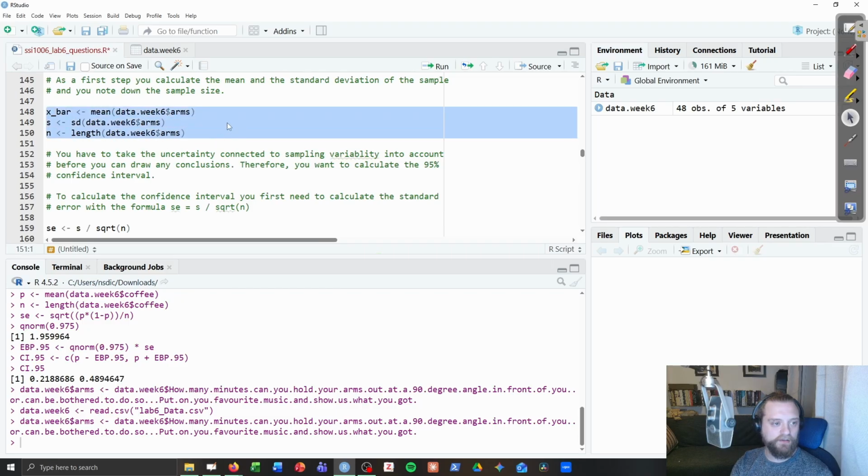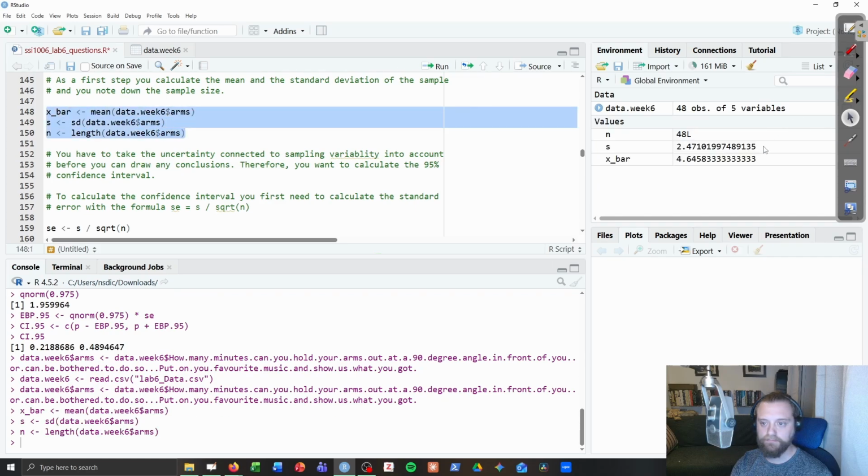Okay, so let's look at these. We've got our x bar, the mean of arms, our s, the standard deviation of arms, and our n, the length. So we have an n of 48, just the same as before. Our x bar is 4.64 minutes, and our s is 2.47 minutes.